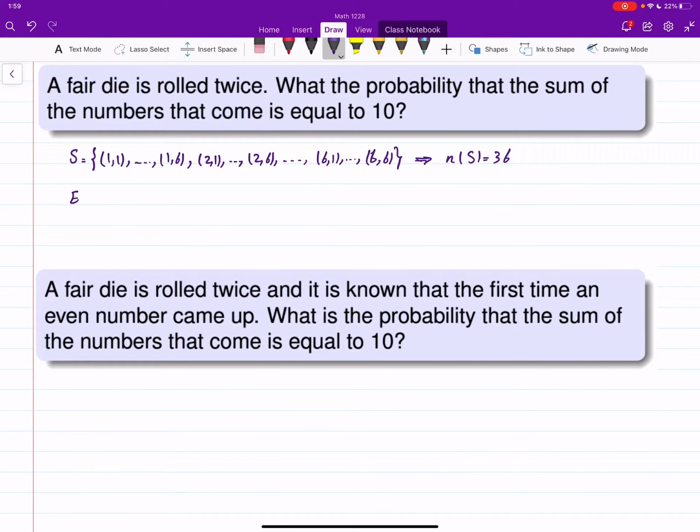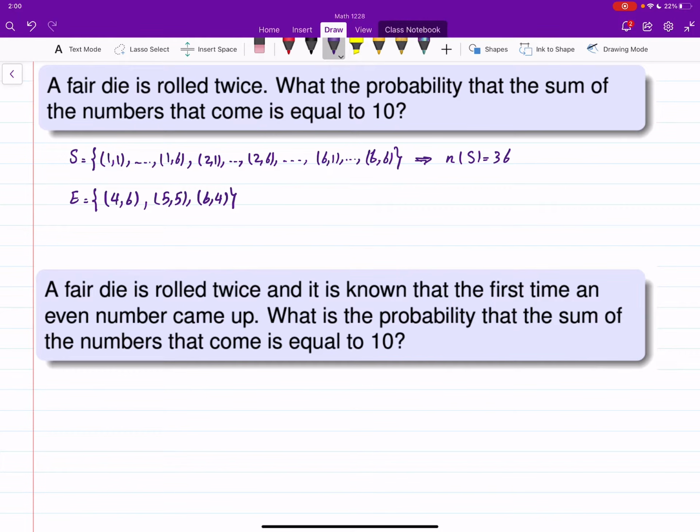And the event that we are going to study is that the sum of the two numbers that come up is equal to 10. The smallest number that can come up and give us a sum equal to 10 is 4 and 6, and then you go 5 and 5, and then 6 and 4.